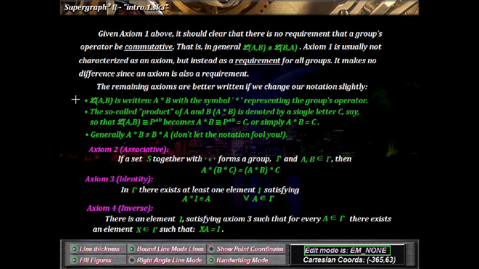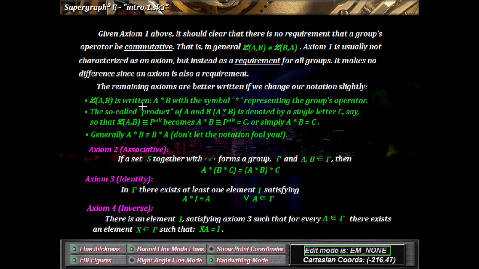Now the remaining 3 axioms are, as I've said here, better read and written if I change the notation slightly. So I'm going to change this form of writing the operator when operating on A and B to this form.